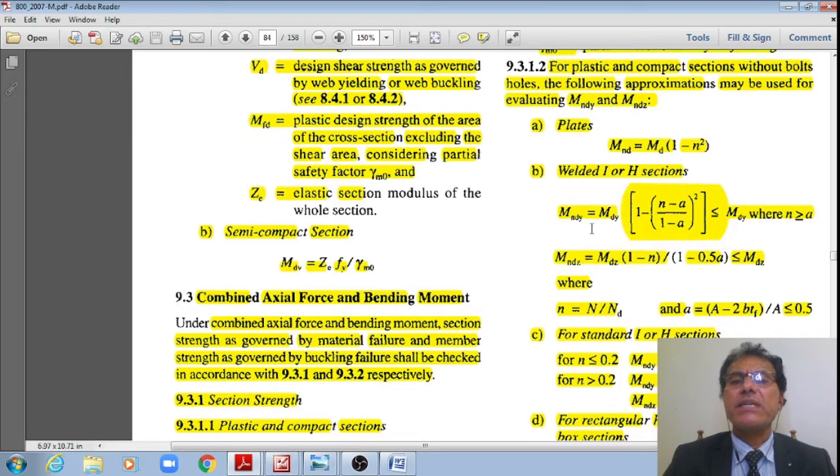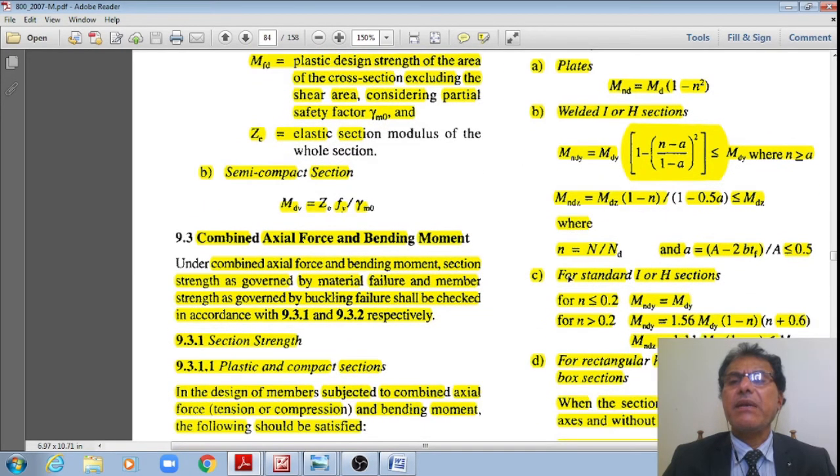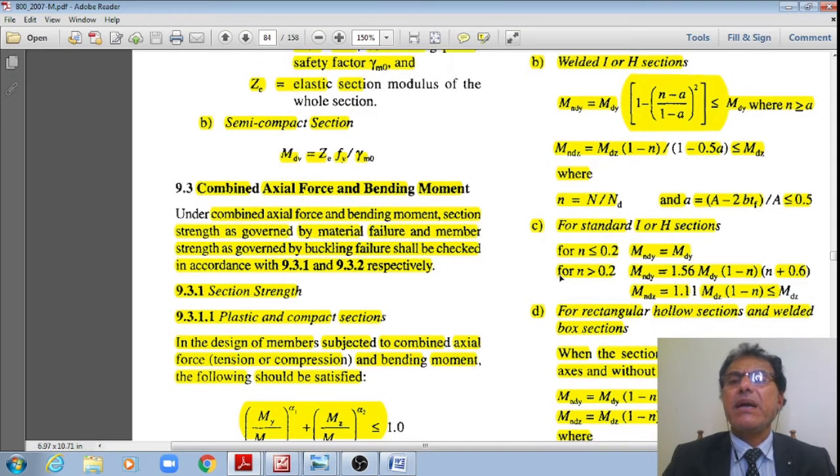For welded I and Z sections, Mndy is equal to Mdy times 1 minus n minus a divided by 1 minus a, whole square, should be less than or equal to Mdy, where n should be greater than or equal to a. Mndz is equal to Mdz multiplied by 1 minus n divided by 1 minus 0.5a, less than or equal to Mdz, where n is N by Nd and a is equal to A minus 2btf divided by A, should be less than or equal to 0.5.